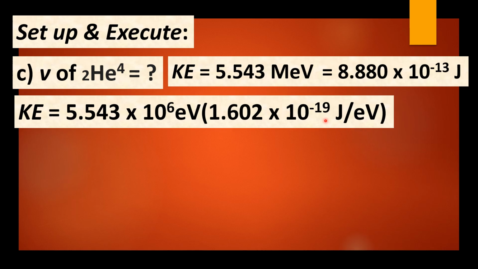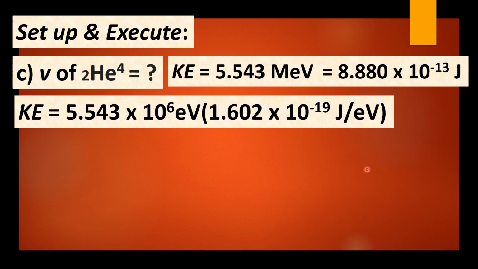So when we multiply this conversion factor by the given kinetic energy already converted to electron volts, that is 5.543 times 10 to the 6th electron volts, we will get this kinetic energy in joules.